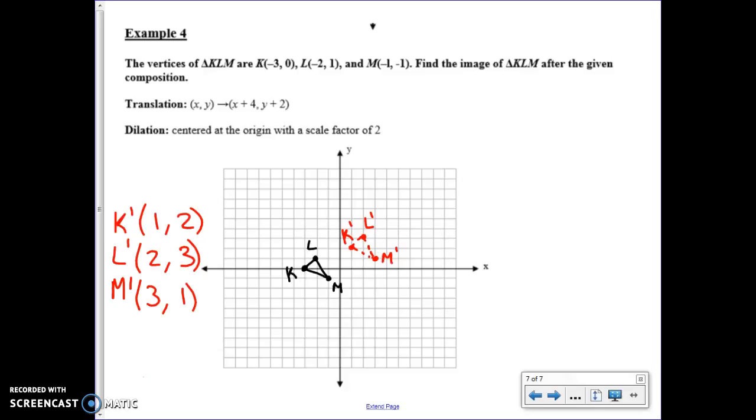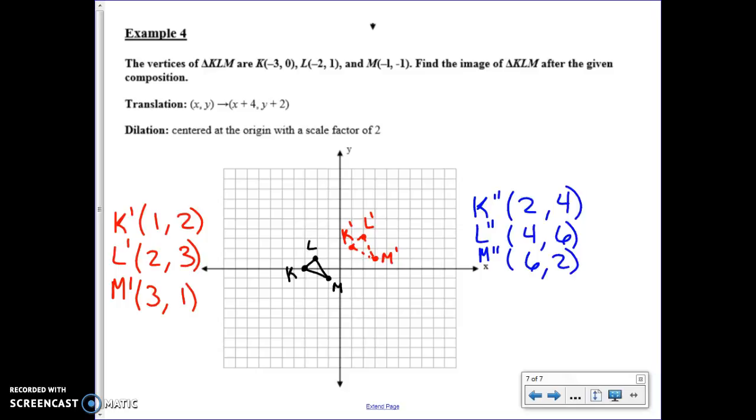All right, now a dilation with a scale factor of 2 means that I'm going to multiply all of those prime numbers by 2. So 1 times 2 is 2, 2 times 2 is 4. 2 times 2 is 4, 2 times 3 is 6, 2 times 3 is 6, and 1 times 2 is 2.